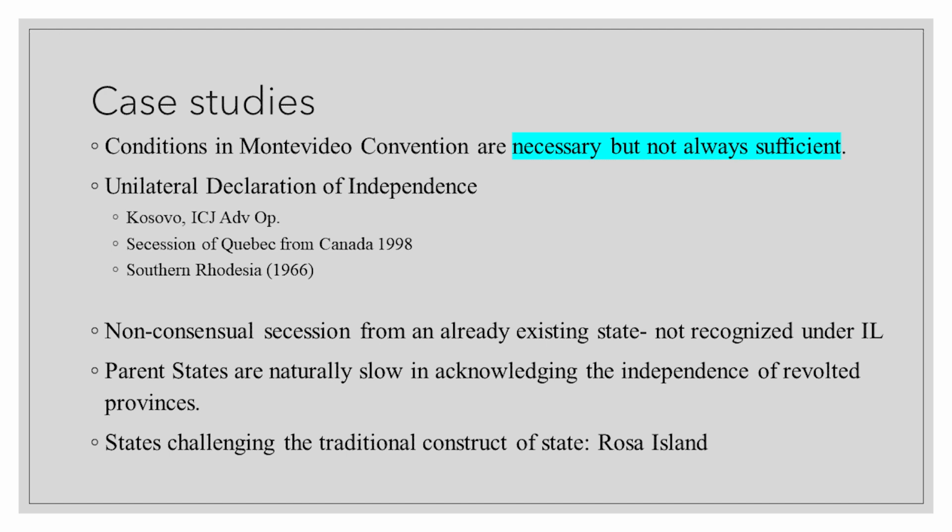Then there also is an important point to note here. If parting ways from an already existing state happens with no consent of the existing state, so a new state is formed by separating from the existing state, and this now separated state did not take the parent state on board, this is known as non-consensual secession.